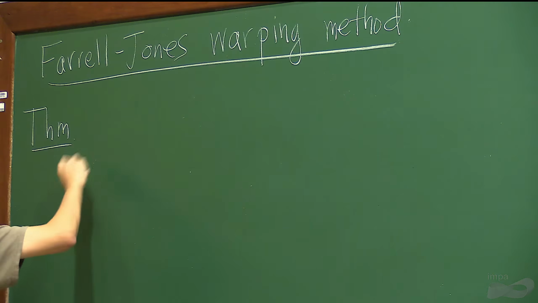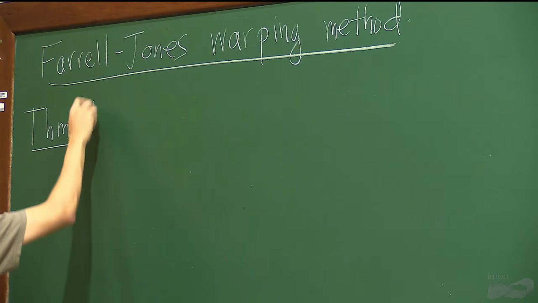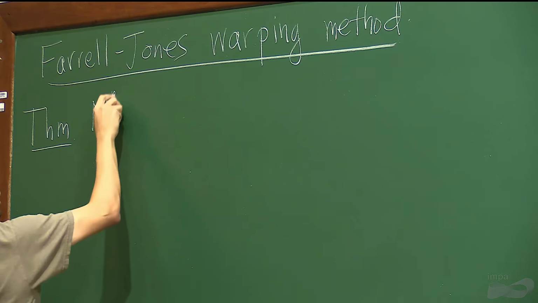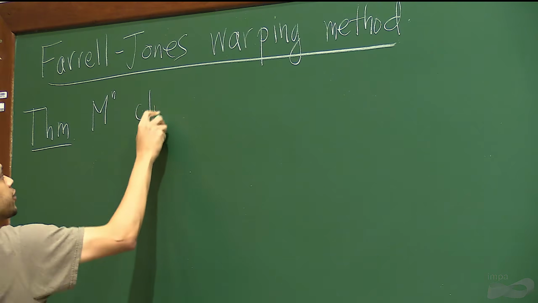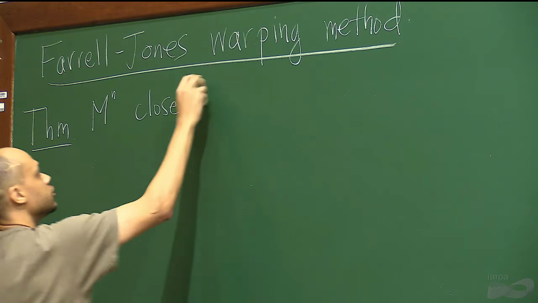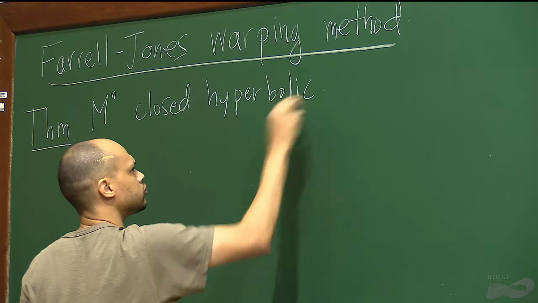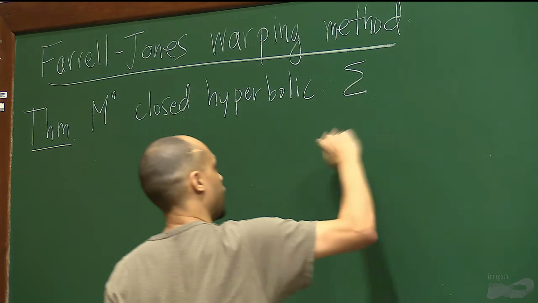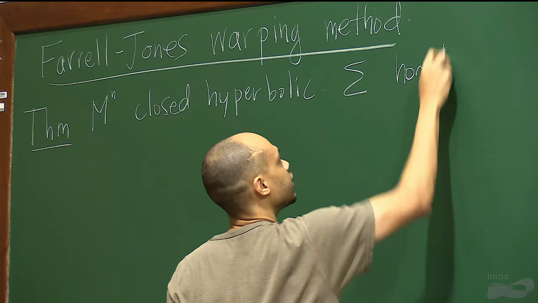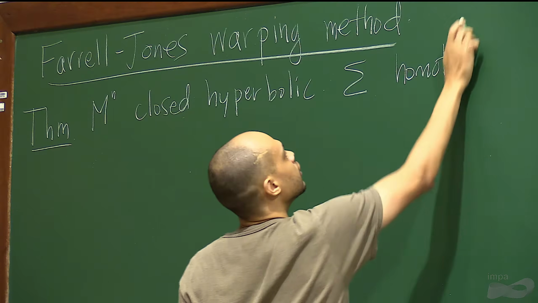So this is a theorem of Farrell and Jones. M will be a closed hyperbolic manifold, as usual. And sigma, as usual, will be a homotopy n-sphere.